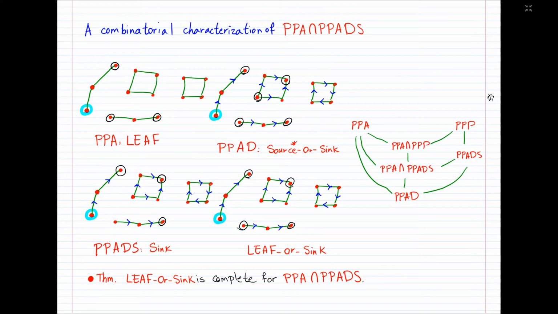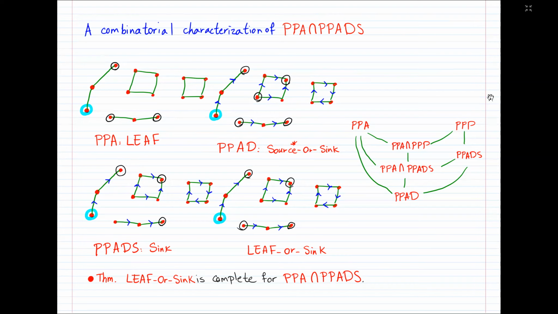So it's natural to investigate their properties. In this part, we gave a combinatorial complete problem for PPA intersection PPADS. Here is some explanation on how we define this combinatorial problem.